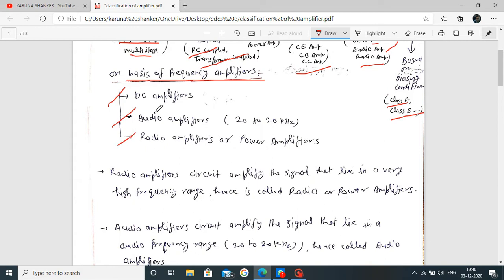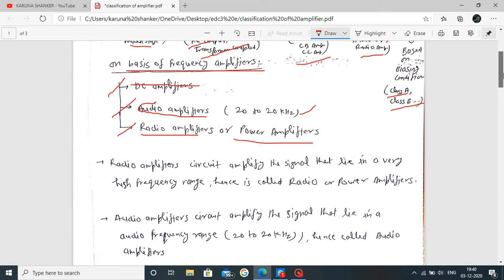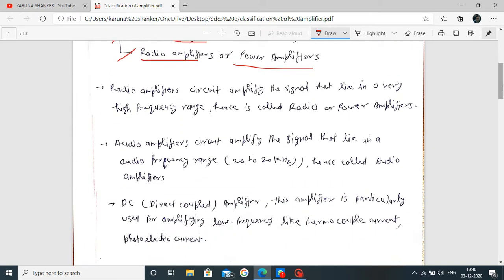The audio amplifier works in the audio frequency range, below a certain frequency the DC amplifier is used, and above a certain range the radio amplifier is used. The radio amplifier is also called a power amplifier. The radio amplifier circuit handles signals in a very high frequency range.